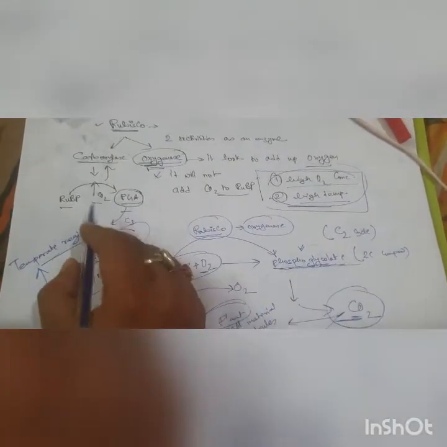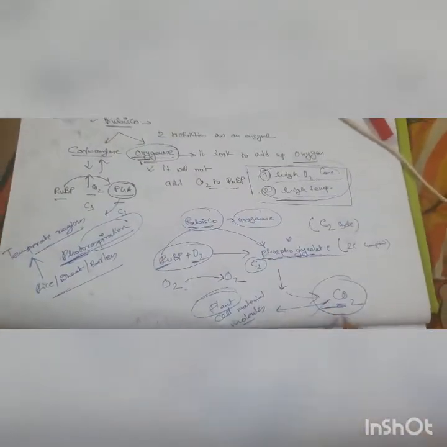So photorespiration is a side process from the C3 cycle. Apart from the C3 cycle, the C2 cycle is a side process which is going on, and release of CO2 is occurring from the plant molecules.